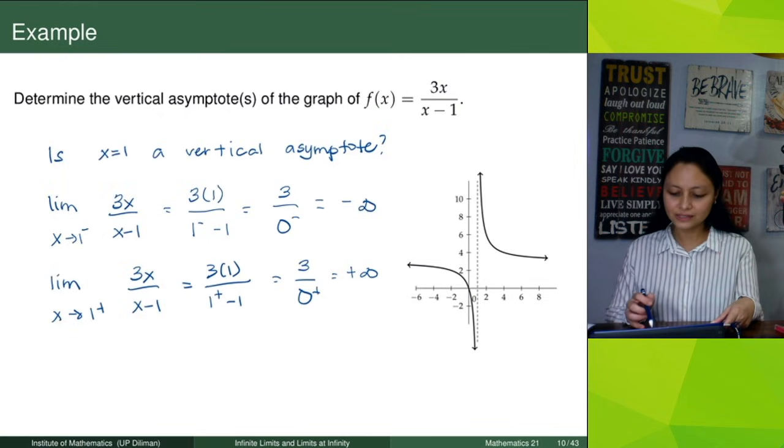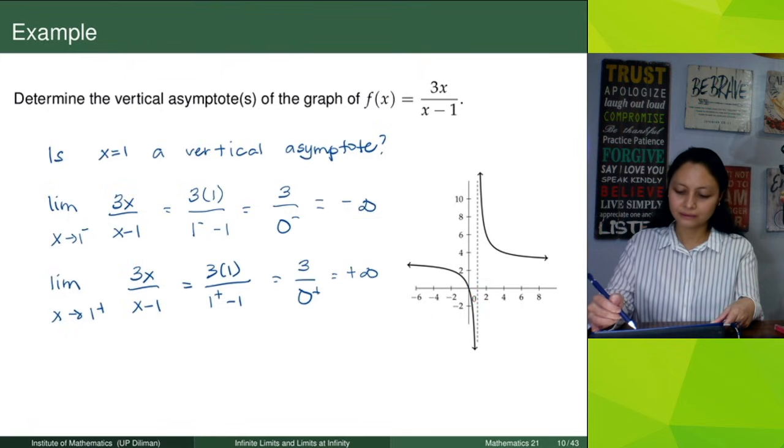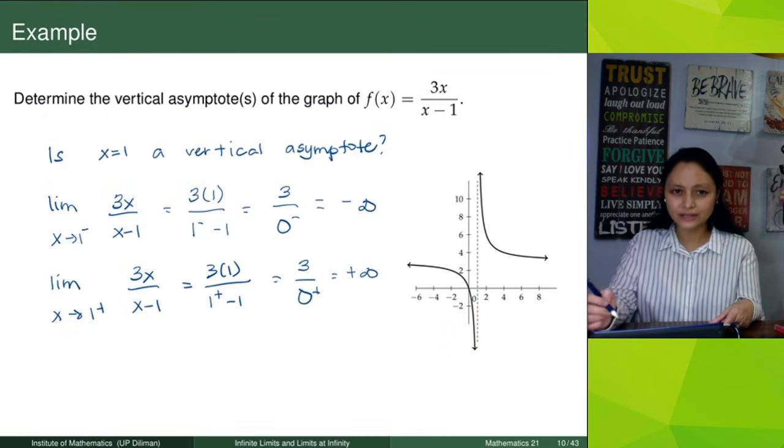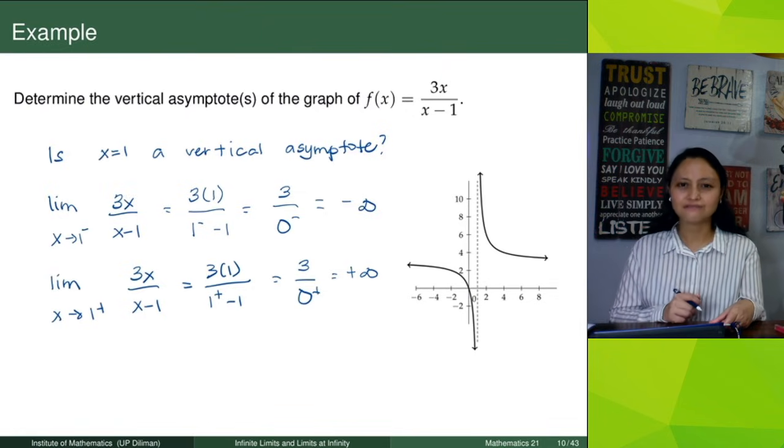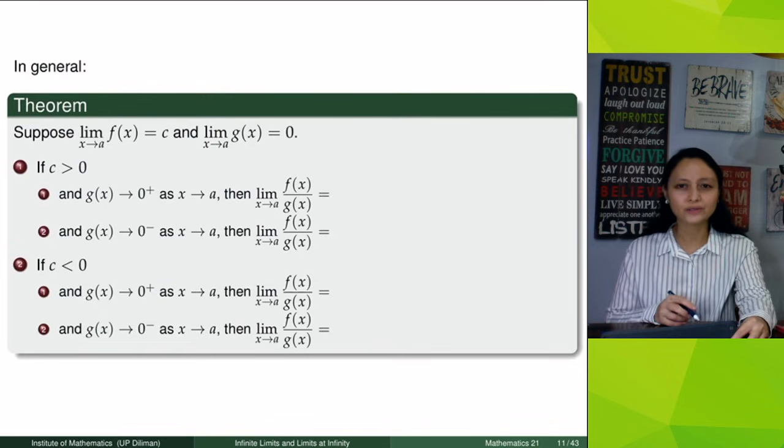In fact, you see that as x approaches 1 from the left, the value of the function is decreasing indefinitely. In contrast, as x approaches 1 from the right, or through values greater than 1, the value of f of x is increasing indefinitely.